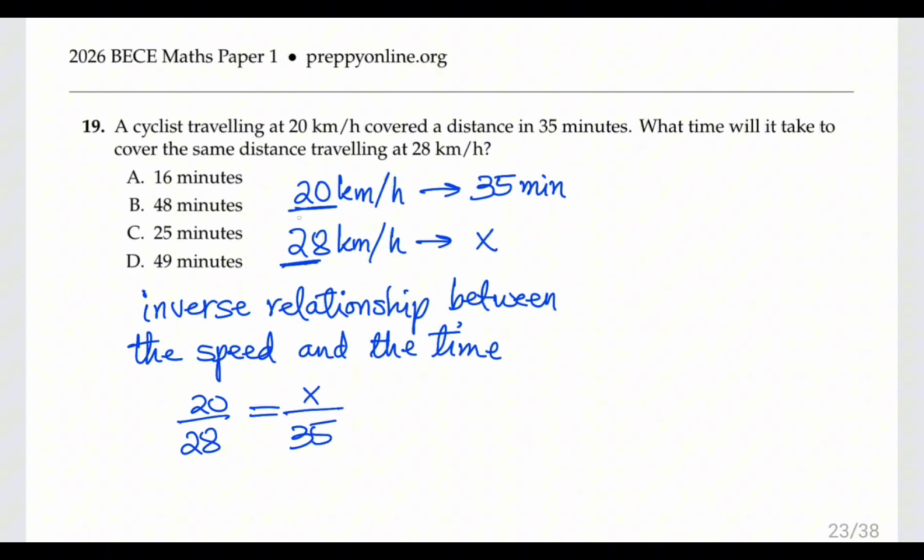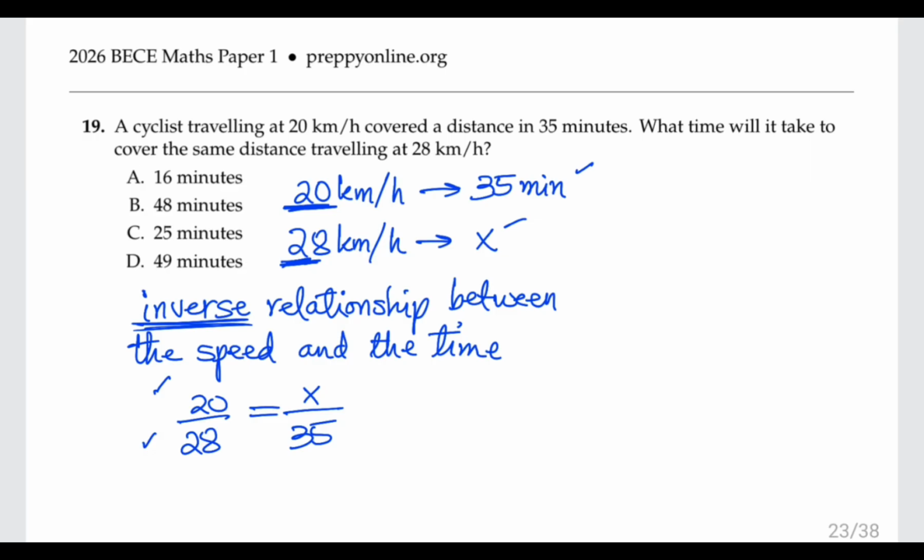Now, note that we have 20 on top here and 28 at the bottom. But when we come here, we don't put the 35 at the top. We put the 35 at the bottom, and we put the x at the top. That's because of the inverse relationship. If there were a direct relationship between the two quantities, we would have done that.